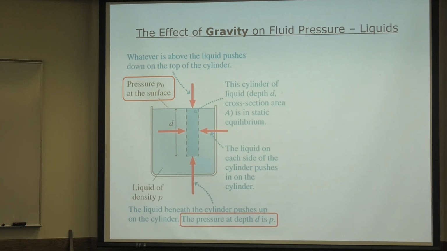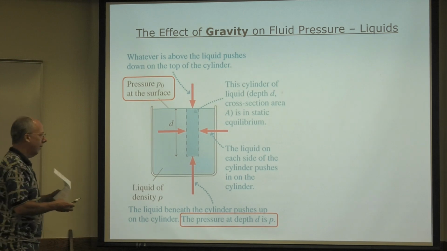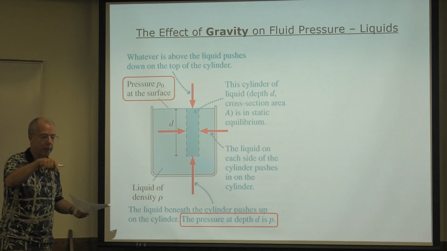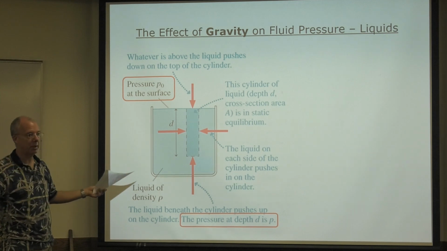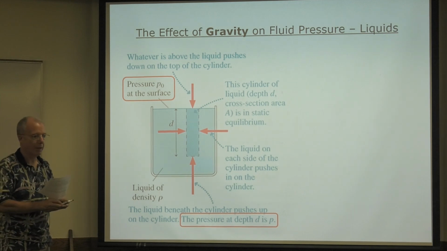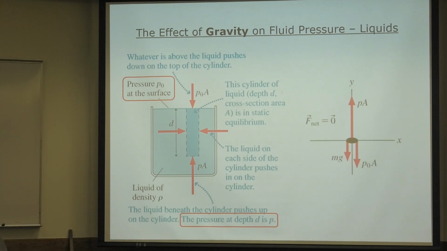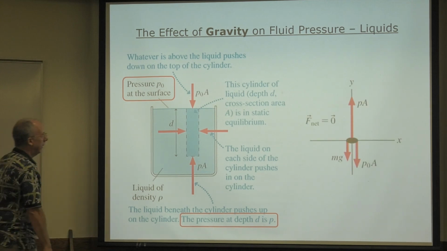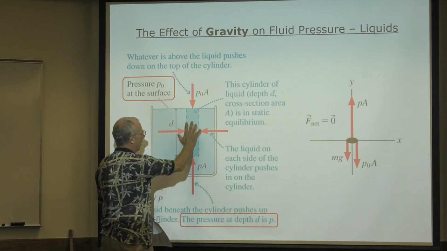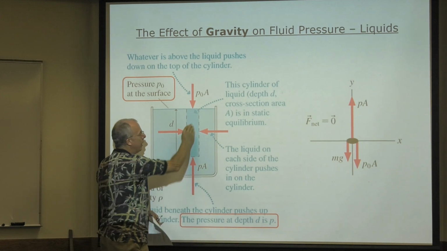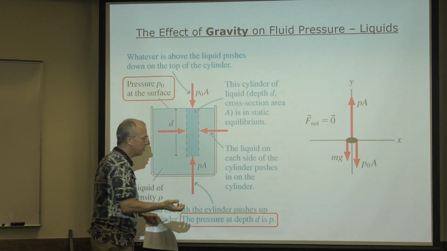All right, now let's use some things that we learned a long time ago. We have all these forces, right? Because force equals pressure times area. So what do you do when you have a lot of forces? Force diagram. So let's draw the force diagram. Again, this is just this piece of water, or maybe it's better to say a region of water. Well, what are the forces acting on it?